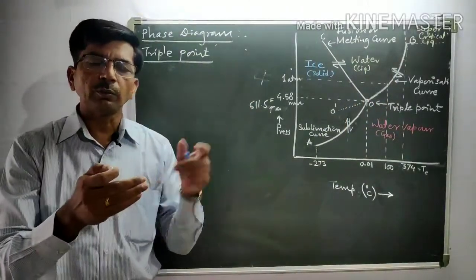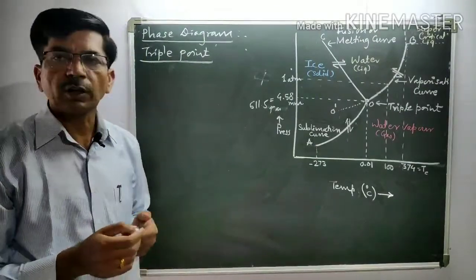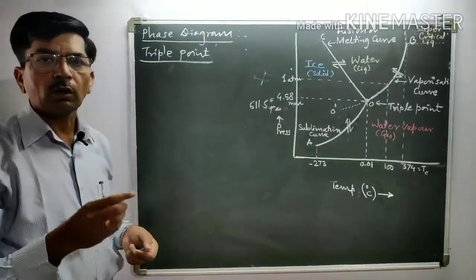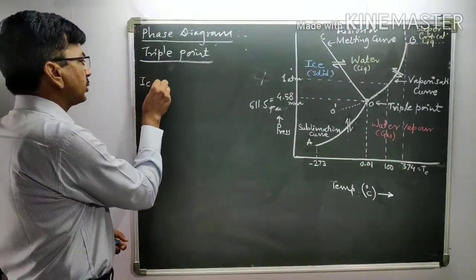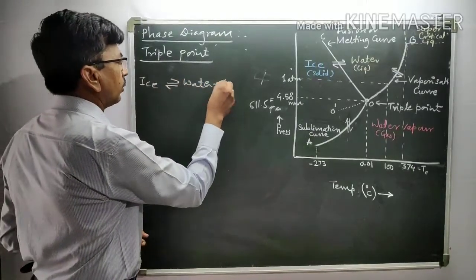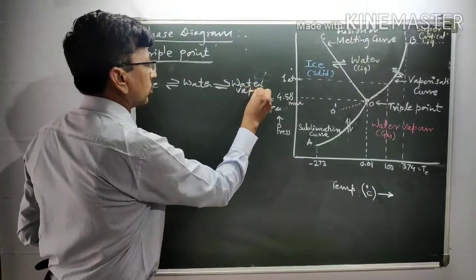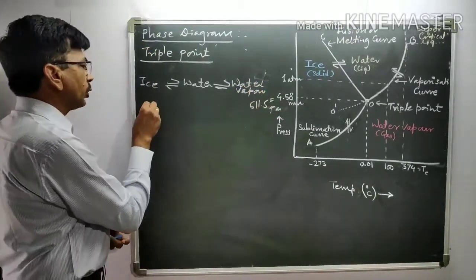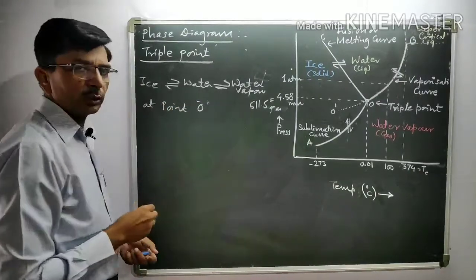So this is the meeting point of all these three curves or lines. What is the speciality of this point? At this point all three states coexist: ice, water and water vapor coexist at this point O, called the triple point.